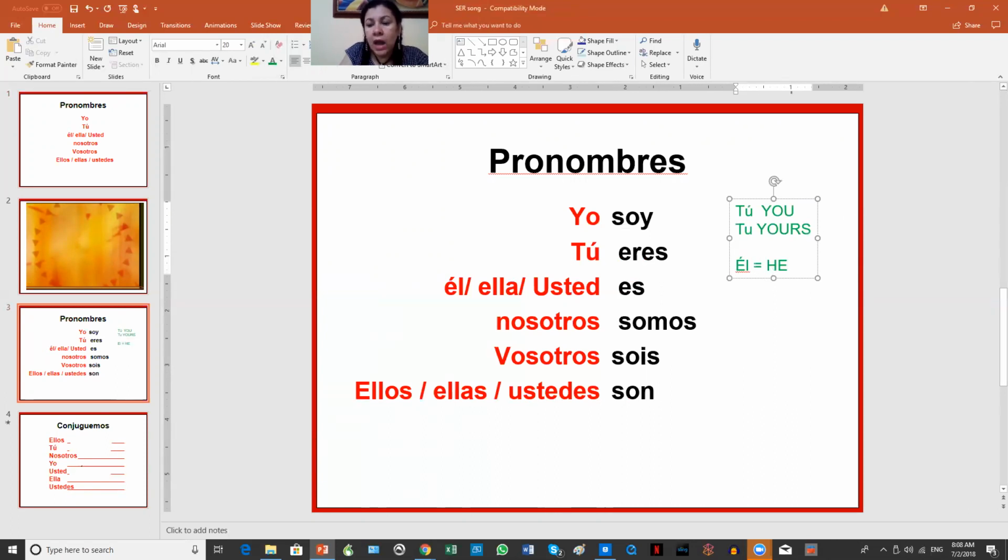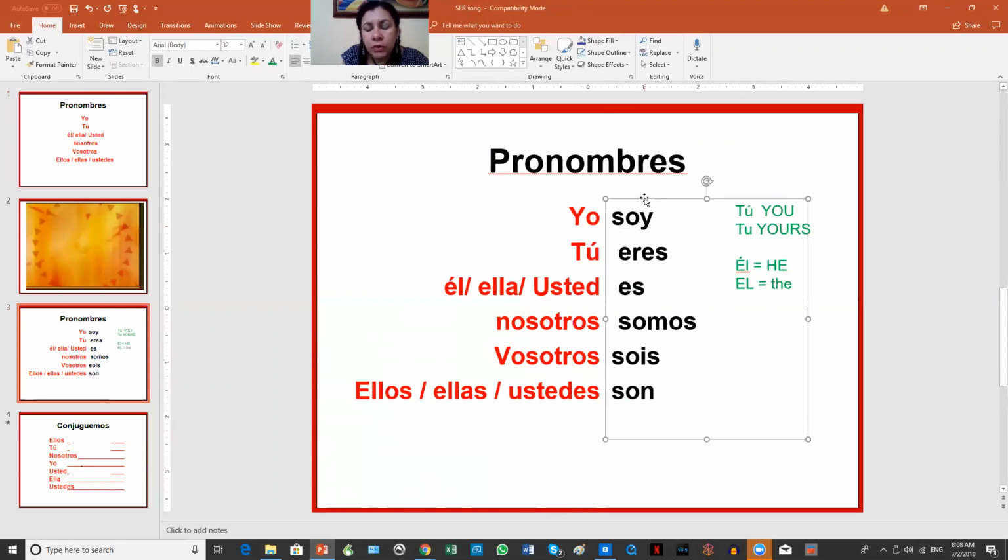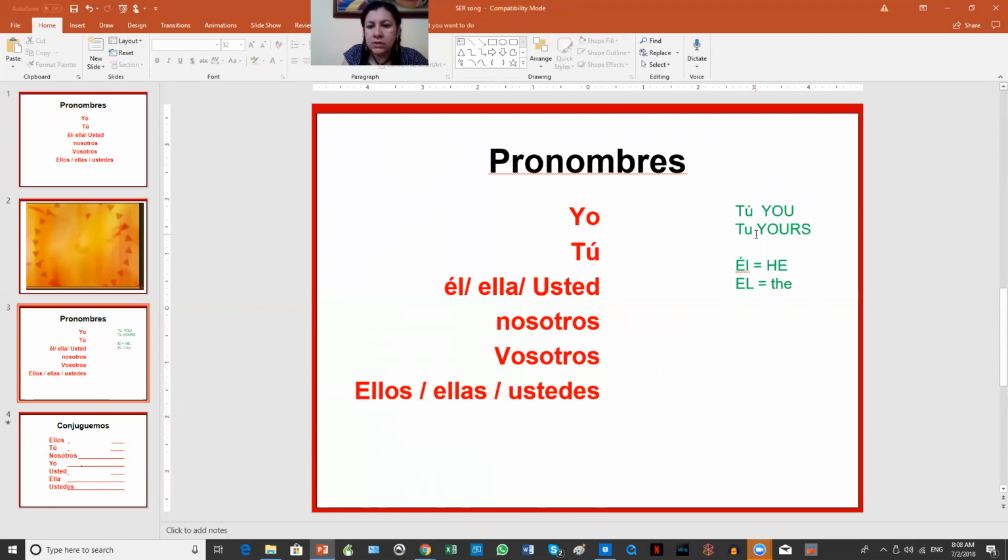But when you have it without accent mark, this one, it is the article, the definite article in English. So make sure that you know the difference because you will be communicating something different. Okay? That is for subject pronouns, them. That is just for subject pronouns.